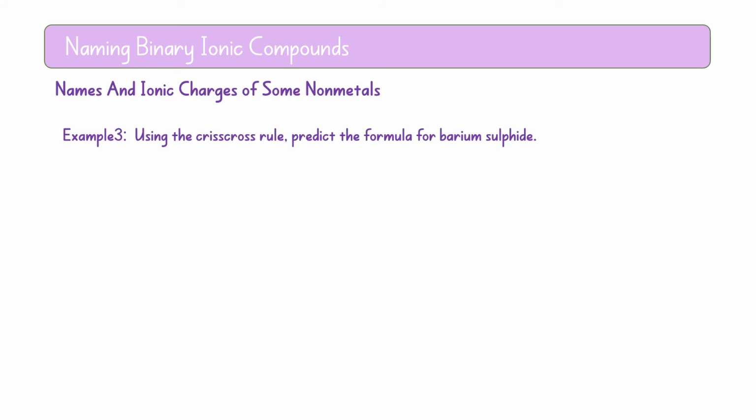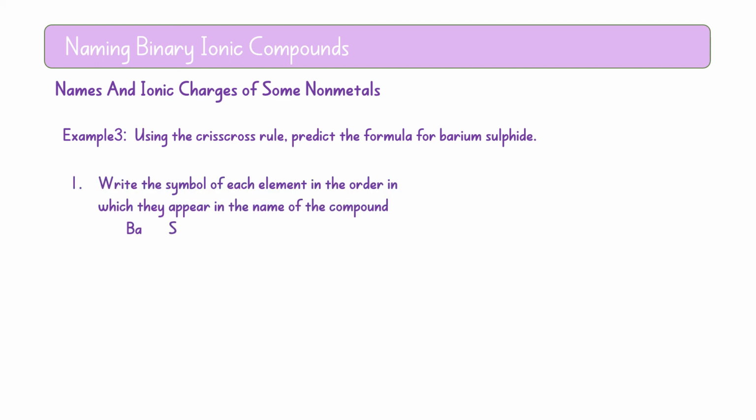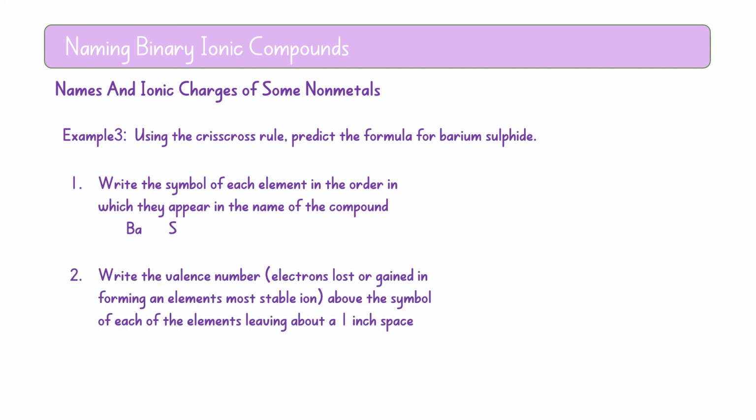In this example, we're going to again apply the crisscross rule to predict the formula for barium sulfide. Write the symbol of each element in the order in which they appear in the name: barium, sulfur. Write the valence number, the electrons lost or gained in forming an element's most stable ion, above the symbol of each of the elements, leaving about a 1-inch space.